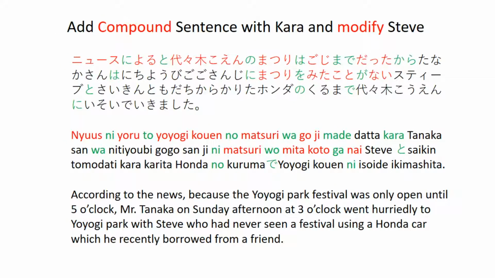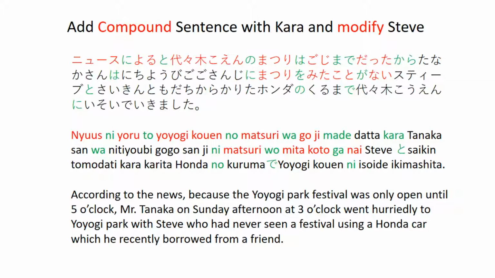Now we're going to add a compound sentence with kara and modify Steve further. News ni yoru to 代々木公園の祭りは5時までだったから、田中さんは日曜日午後3時に祭りを見たことがないスティーブと最近友達から借りたホンダの車で代々木公園に急いで行きました.